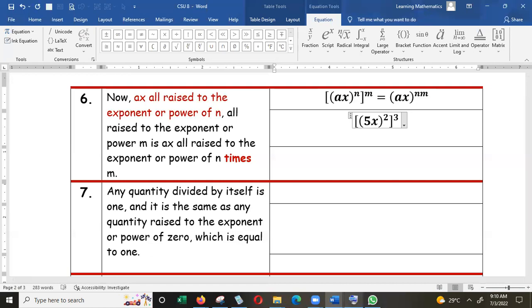This is equal to the 5x all raised to the power of 2 times 3.